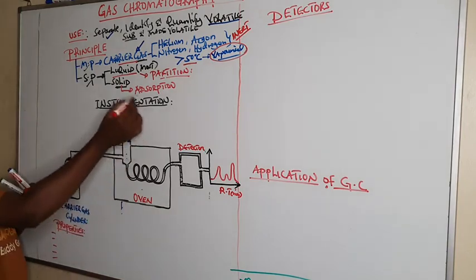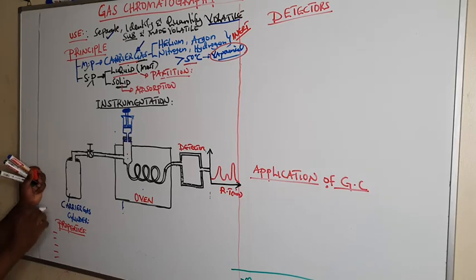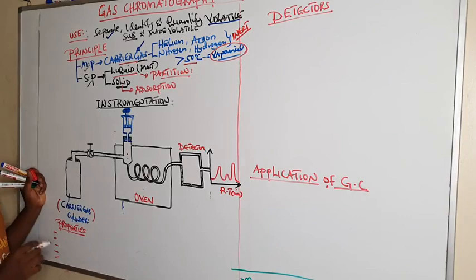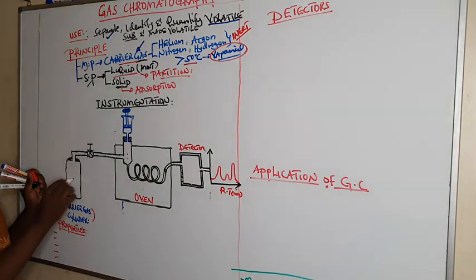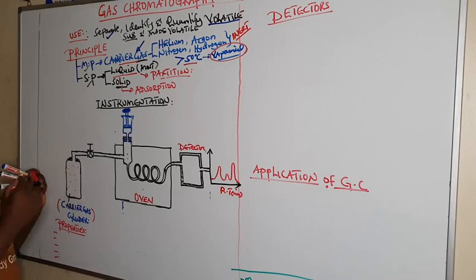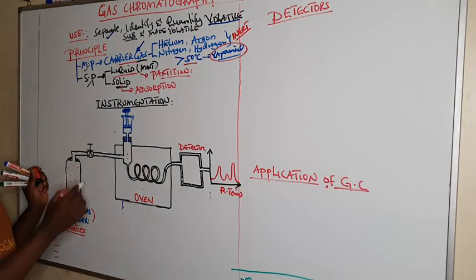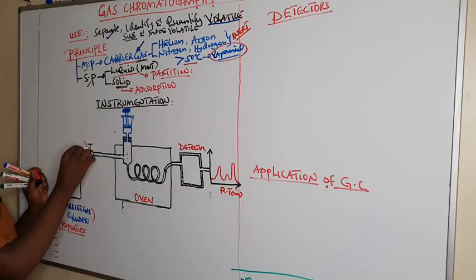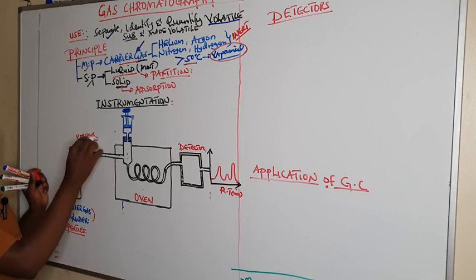So the instrumentation, we are seeing we need a gas cylinder, and this gas cylinder is containing these inert gases or unreactive gases. Then there is what we call the pressure controller and flow rate controller.